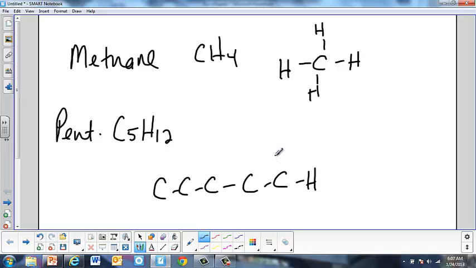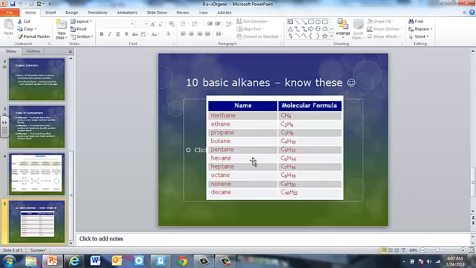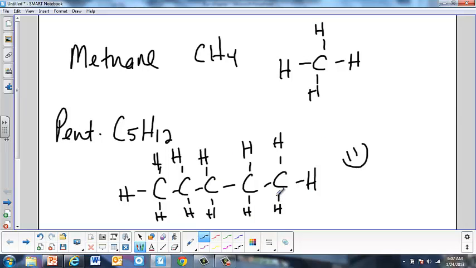And then you add enough hydrogens to make everybody happy, which conveniently is going to be 12. 1, 2, 3, 4, 5, 6, 7, 8, 9, 10, 11, 12. Everybody's happy. And in addition to memorizing our formulas for our 10 basic alkanes, we also should know how to draw the Lewis structures for all of them as well.